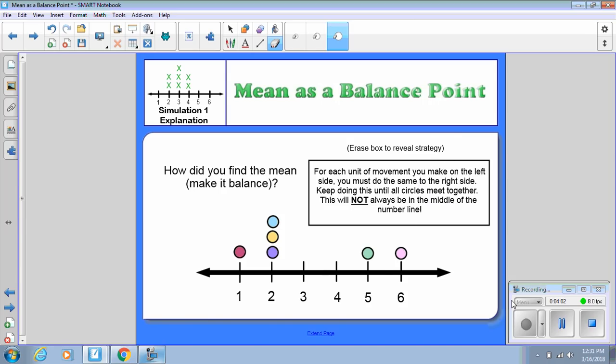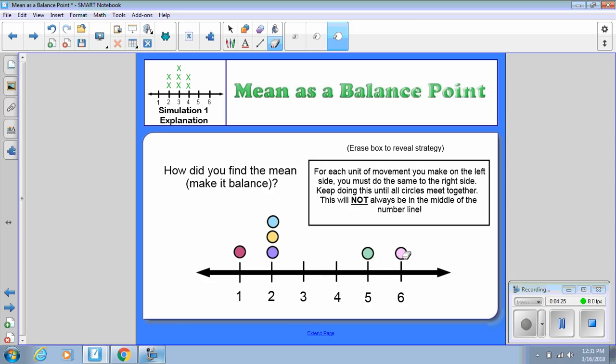For each unit of movement that you make on the left side of your number line, you must do the same on the right side. This is stuff that you've been doing your whole time. What you do to one part of the fraction, you have to do to the other part. And what you do to one side of the ratio, you have to do the other. What you do to one side of your equation, you have to do the other.